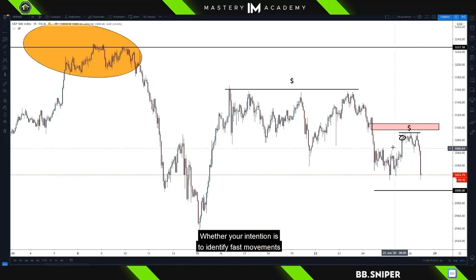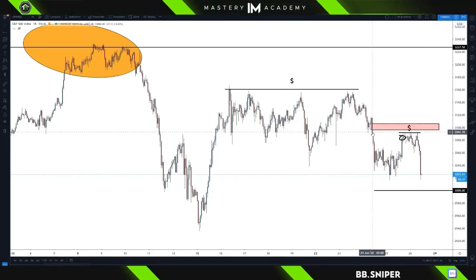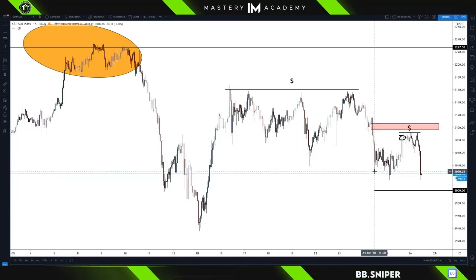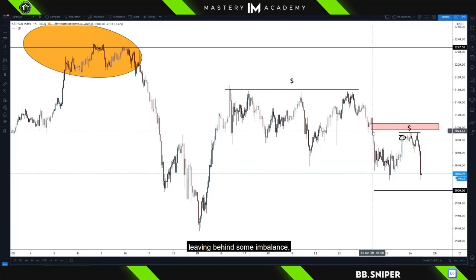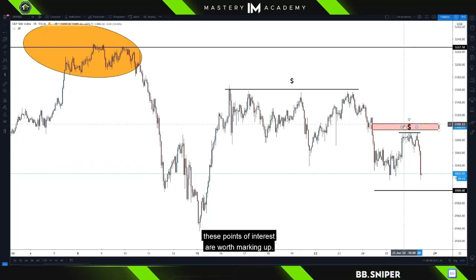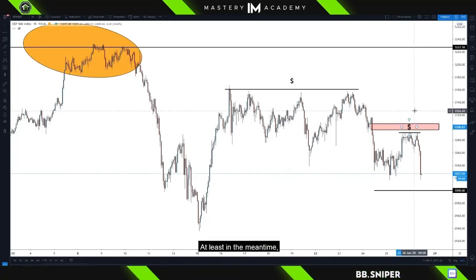Whether your intention is to identify fast movements that aggressively shift price in a single direction, leaving behind some imbalance, to then later be revisited but not completely filled in yet. These points of interest are worth marking up, at least in the meantime, because they can be utilized as entries. They can be utilized as targets.